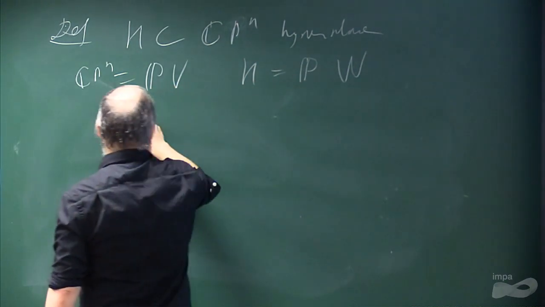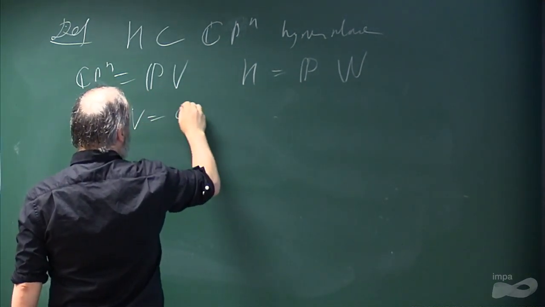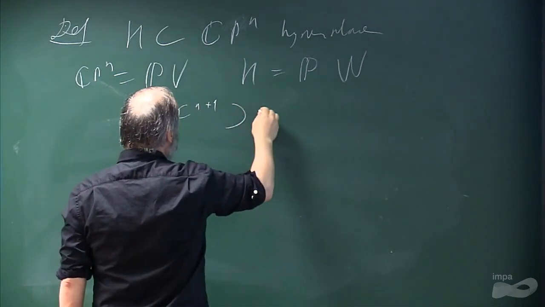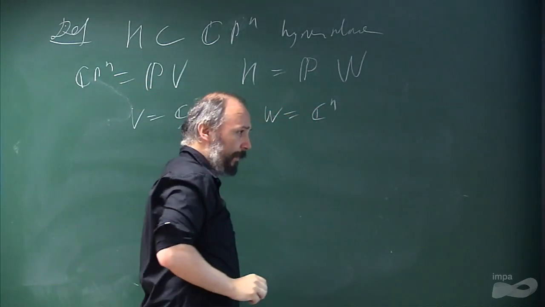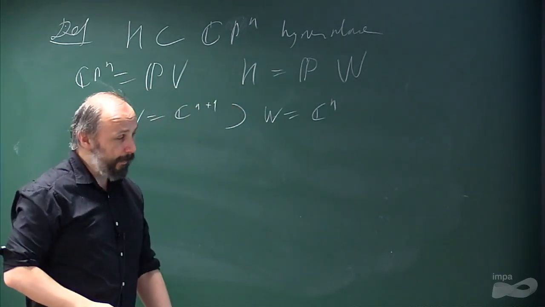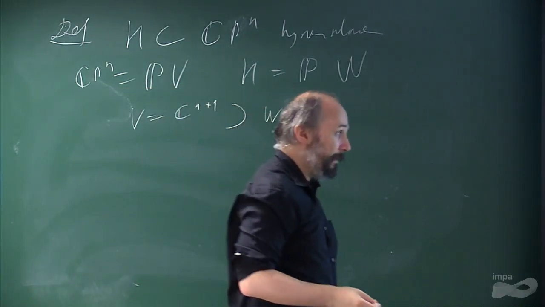So V is C^(n+1). It contains W, which is C^n. This is what is called hyperplane in complex projective space. It's a complex projective manifold.